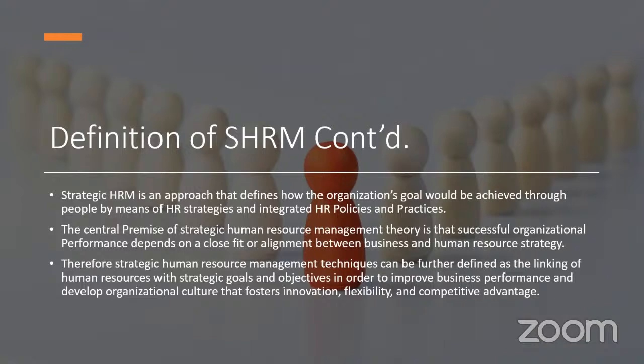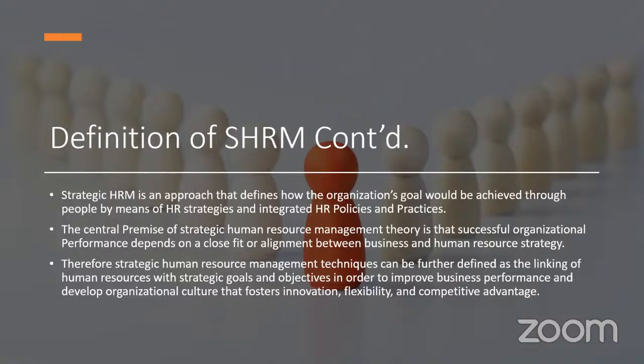This statement divides strategic HRM into two basic phases. You have what we call the HR fit, strategic fit, and under the fit we have the vertical fit and the horizontal fit. And then we'll also talk about the external fit.